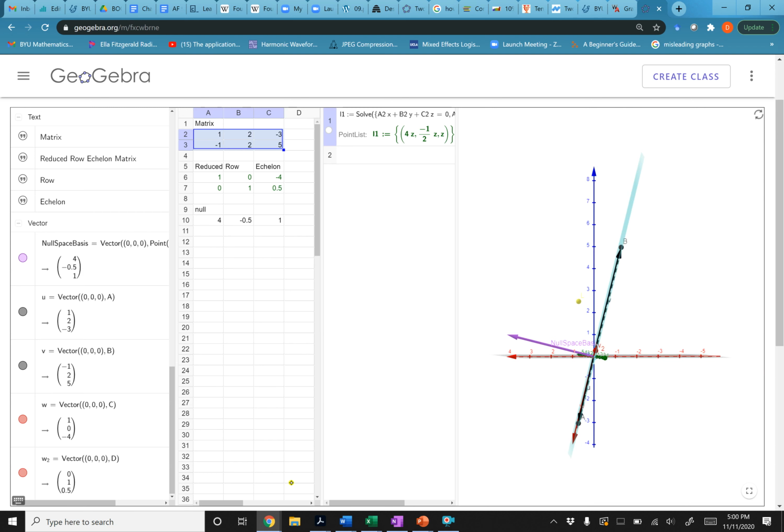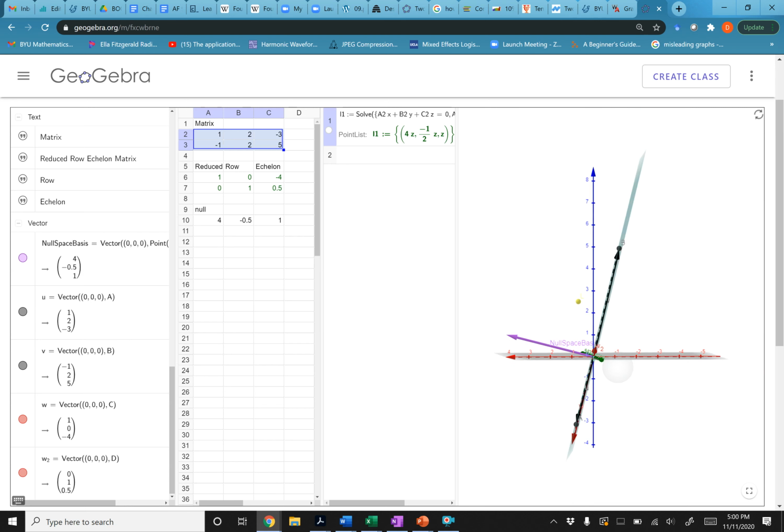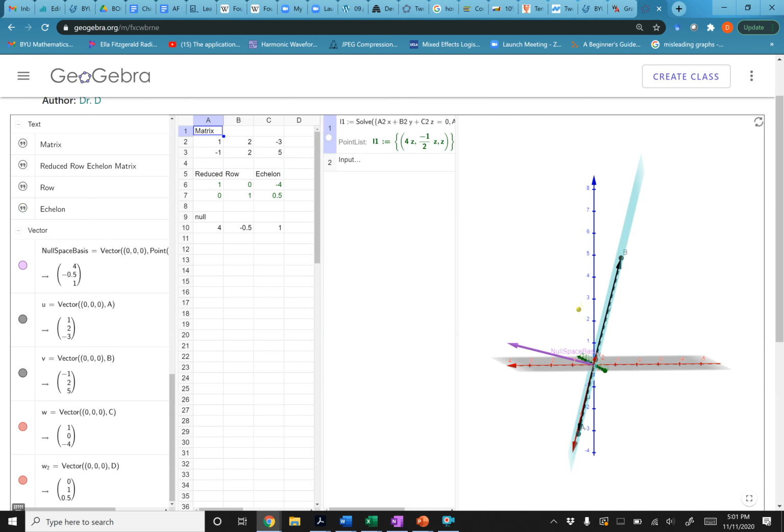Since we have a plane that goes through the origin, it's a subspace, and the orthogonal complement is all the vectors that go through the origin that are perpendicular to that plane. So this line that goes through that purple, come on, it's not letting me show it, I'm sorry.